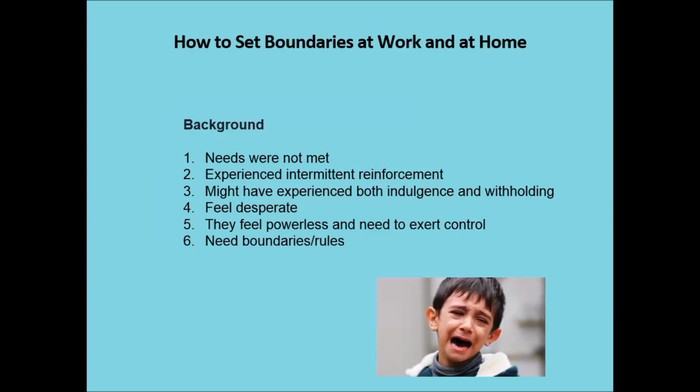Another experience that sometimes creates a manipulator is someone who has both been indulged at times and experienced withholding at others. So that's a child who may be given a fancy car on their 16th birthday, but then when it comes to needed supplies for school and for some project they're working on in science, Dad is absolutely adamant that you must work for your way.